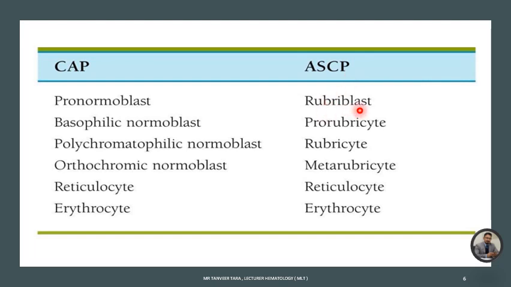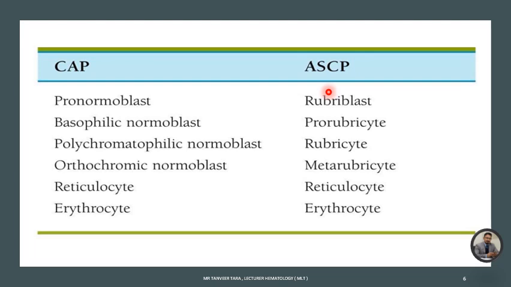They call it rubriblast, since rubri refers to red cells, then prorubricyte, then rubricyte, metarubricyte, and then reticulocyte and erythrocyte, which are the same as in CAP.